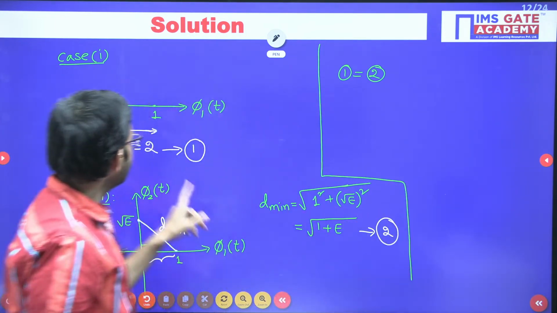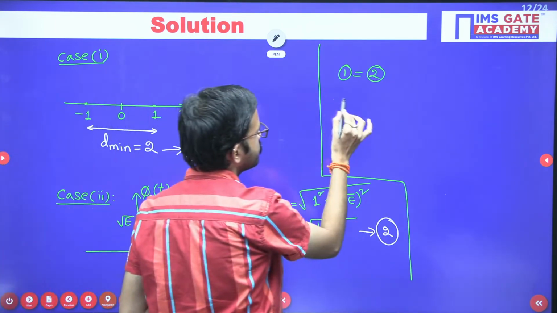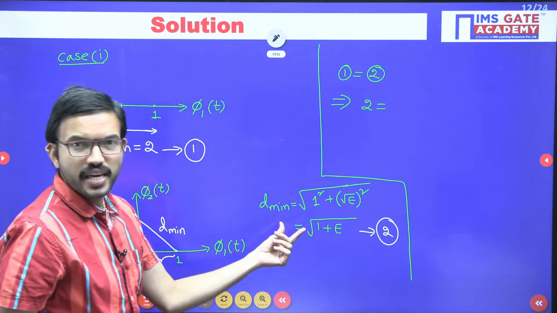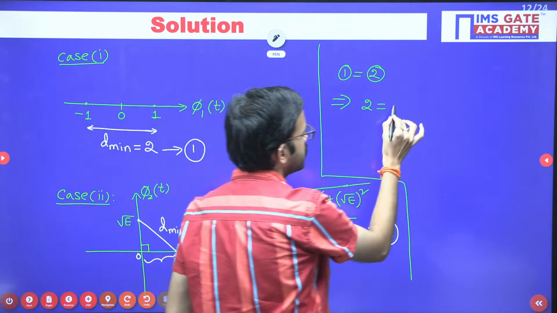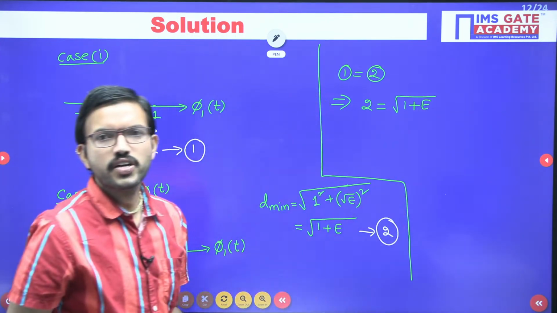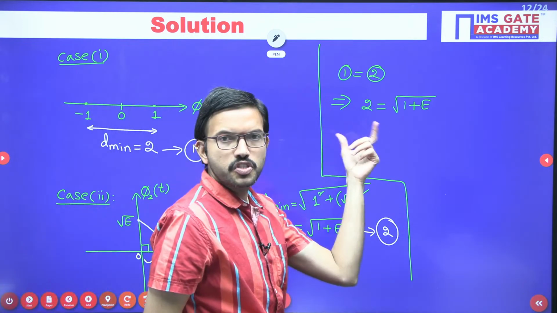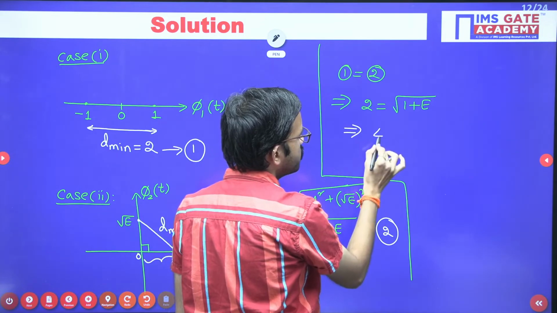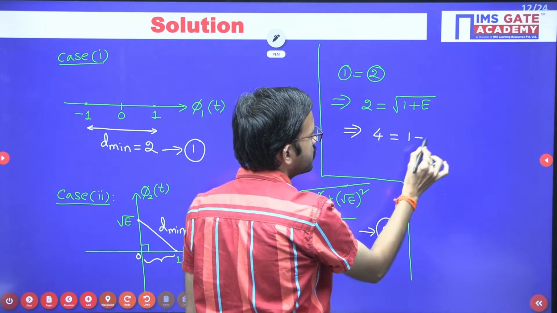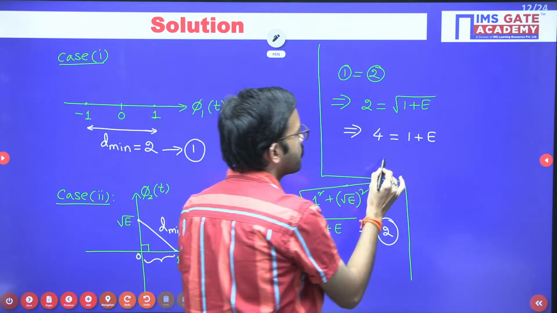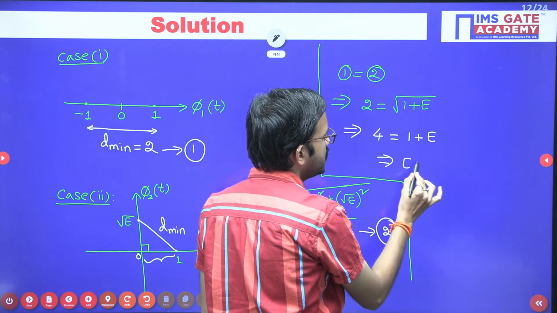In case 1, we got d min as 2 units, whereas in case 2, we got root of 1 plus E. So just perform squaring on both sides. You get 2 squared, which is 4, and on the other side the square and root cancel, so you get 1 plus E. From here you will get E equal to 3.